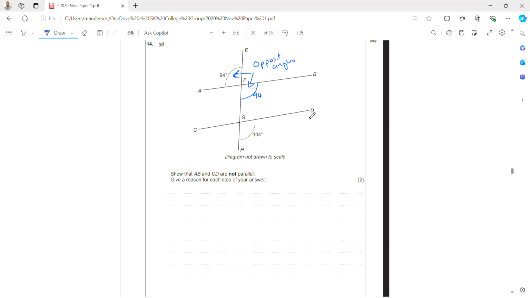The next thing I'm going to say is if these two were parallel, this angle and this angle would be corresponding, and corresponding angles are equal.